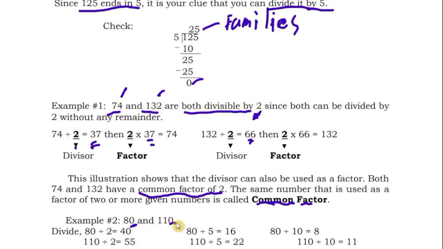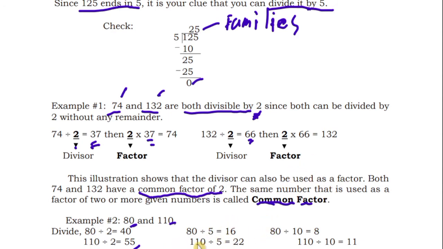As I said, since both numbers end with 0, they are divisible by 2. In our evidence here, 80 divided by 2 is 40, while 110 divided by 2 is 55.